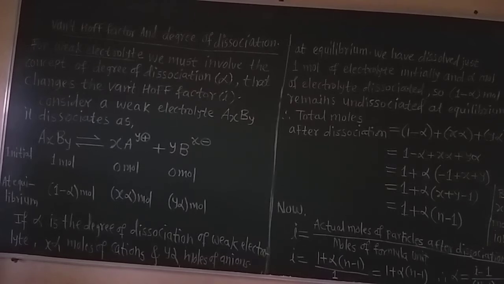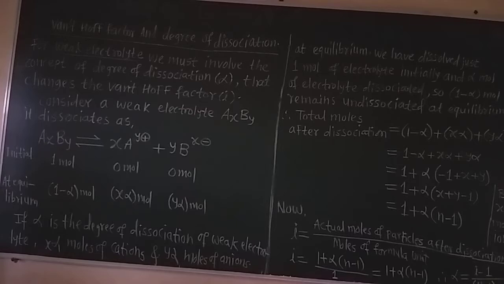Now, Van't Hoff factor and degree of dissociation. For a weak electrolyte, we must involve the concept of degree of dissociation, that is alpha, because weak electrolytes are very rarely ionized. They are not ionized very much, so we must involve the degree of dissociation.